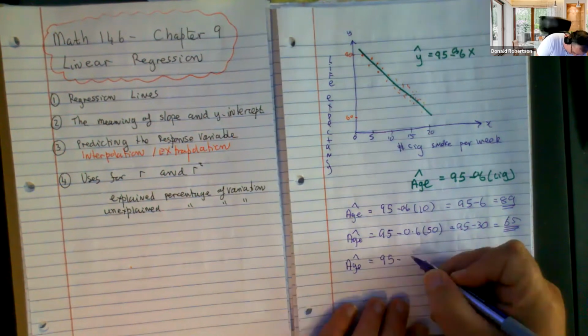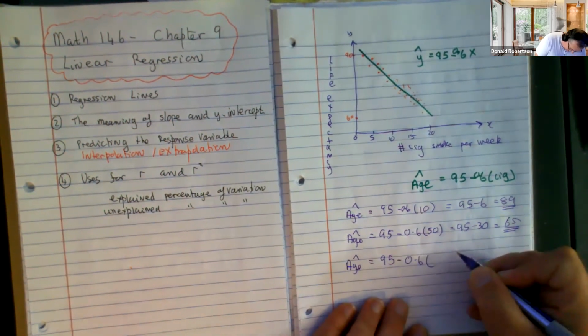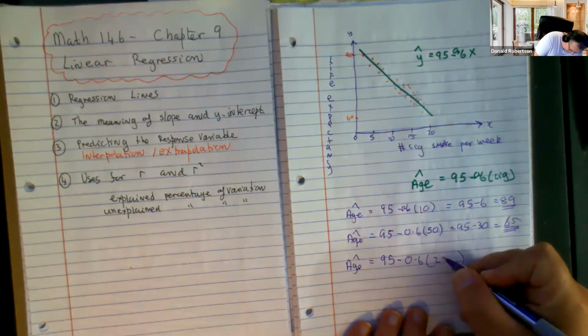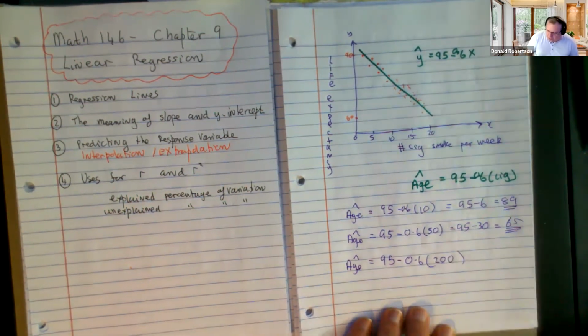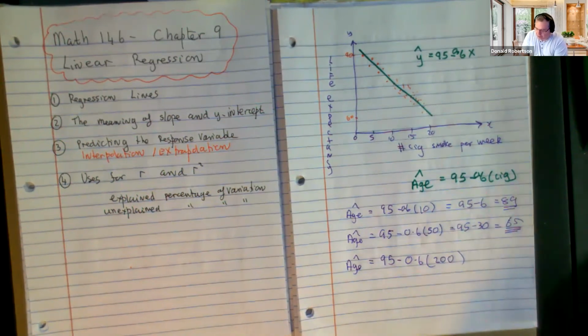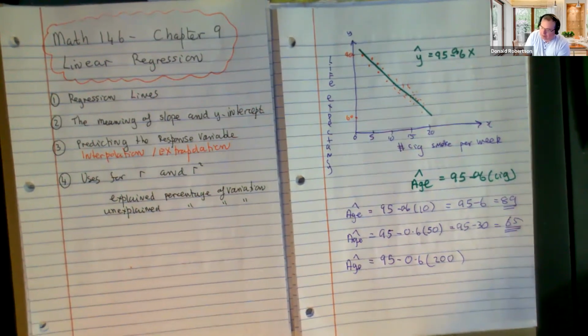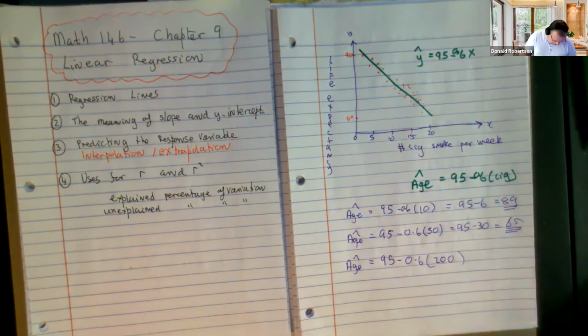I have a patient and I asked him, how many cigarettes do you smoke a week? And he says, I'm a chain smoker. I'm smoking 200 a week, right? Almost 2 packs of 20 a day, right? You might even know people who are really horrible chain smokers, right?